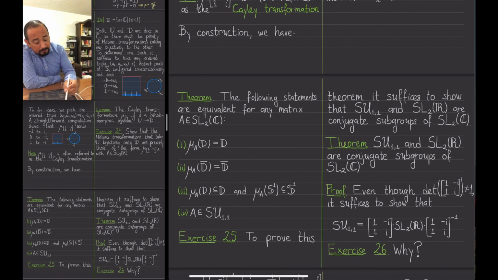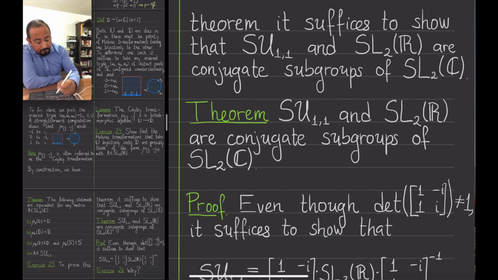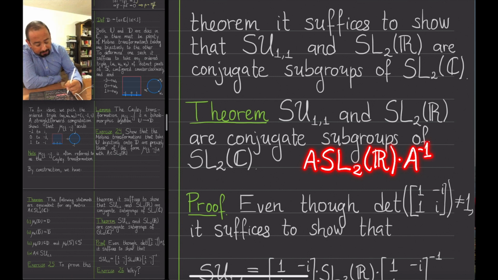Notice if these guys are conjugate in GL2C, they are automatically conjugate in SL2C, because when one conjugates A times SL2R times A inverse, the determinant of this one is the inverse of the determinant of this one.